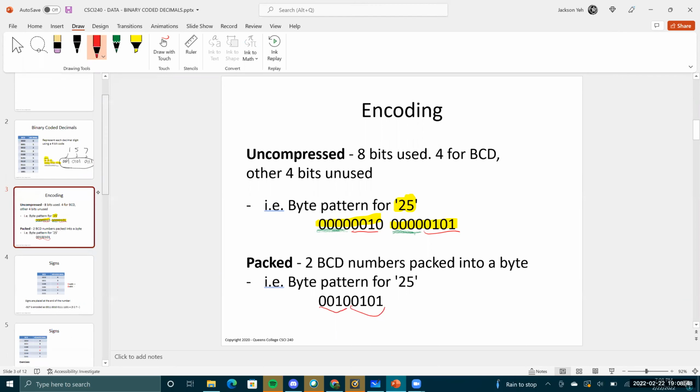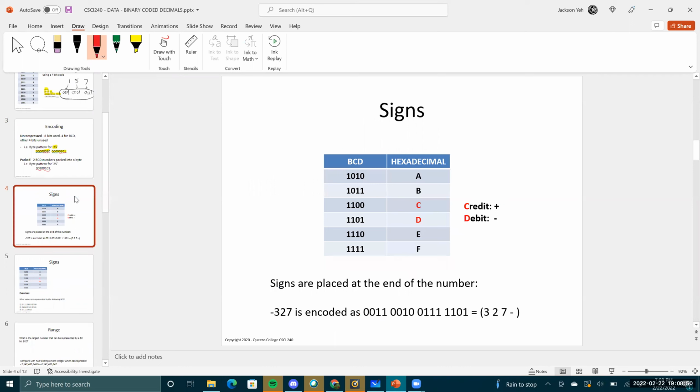BCDs also support integers in the sense of signs, like positive and negative. However, just like the ints or integers we talked about, there's no sign for positive or negative. You can't just use 0 and 1 because BCDs are 4 bits.